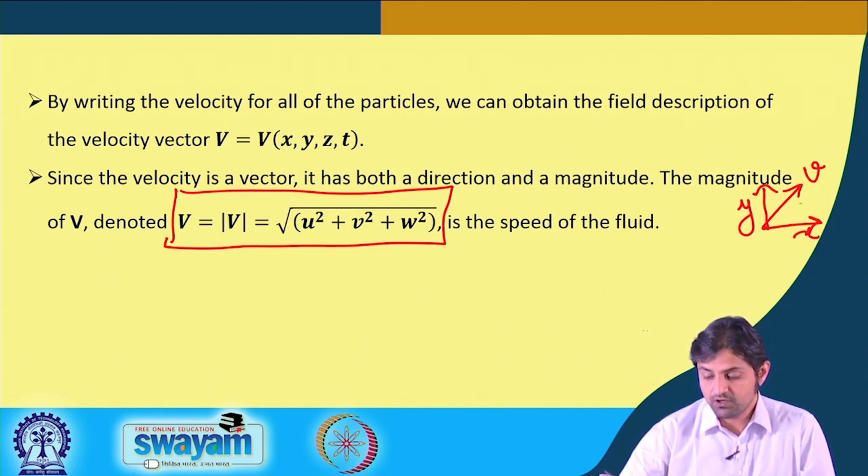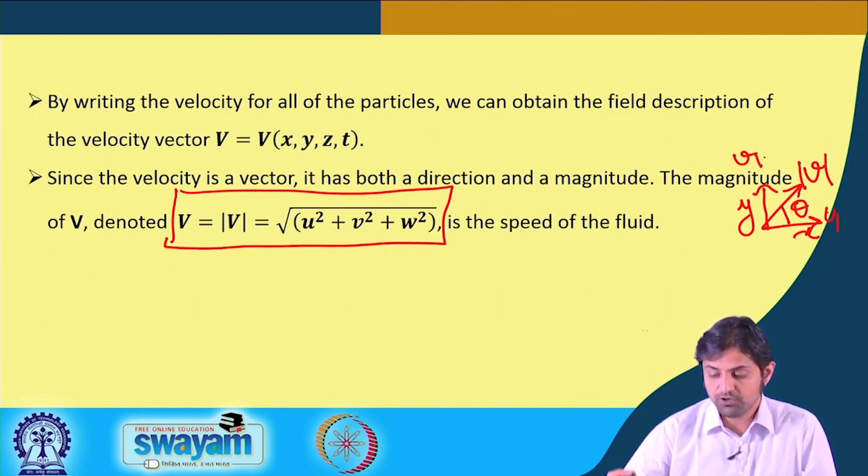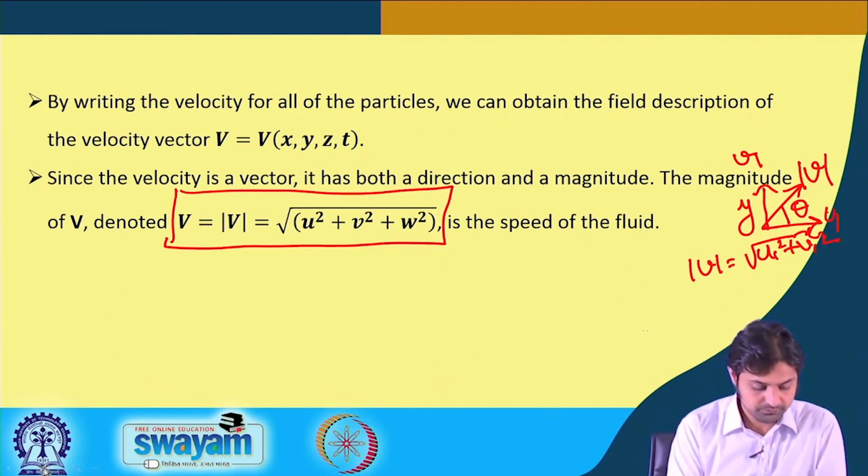If u1 is the x component of the velocity and v1 is the y component of the velocity, then the modulus of V in two directions will be the square root of u1 squared plus v1 squared. This you already know.